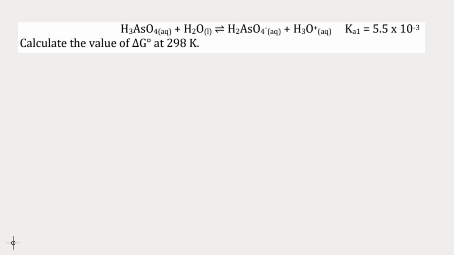Calculate the value of delta G standard at 298 Kelvin. We have an equilibrium constant here. So luckily for us, it's pretty much the same thing. So we have our temperature, we have some K. So delta G is my unknown.